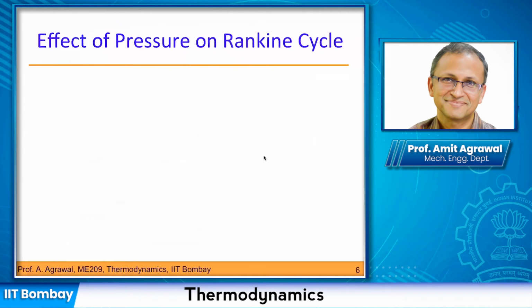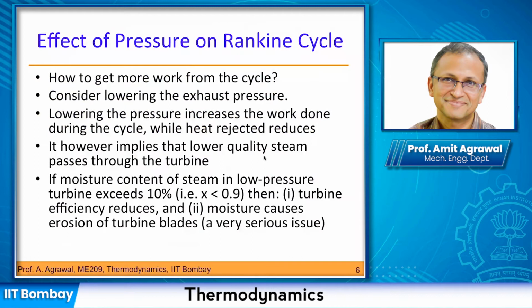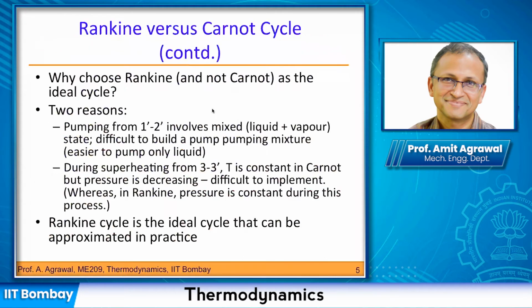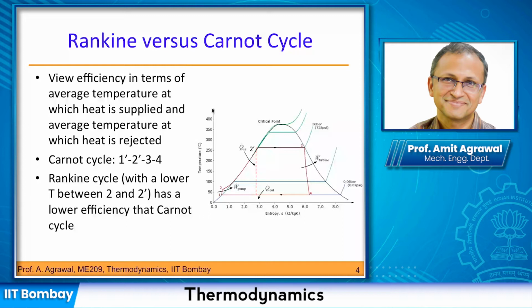Okay, so we looked further at what happens if we change our pressures. Let us say I want to get more work by reducing the exhaust pressure. So basically, in this line here, you can think that there are two pressure levels.